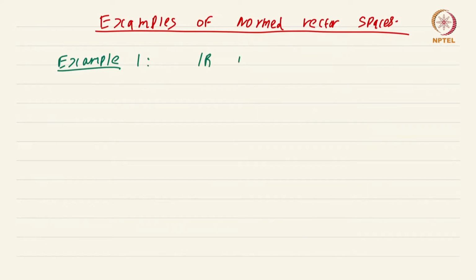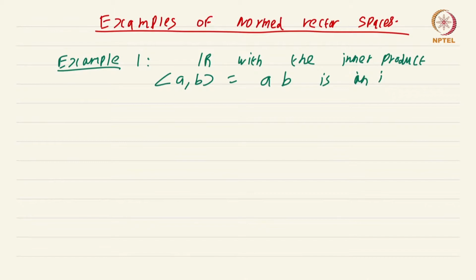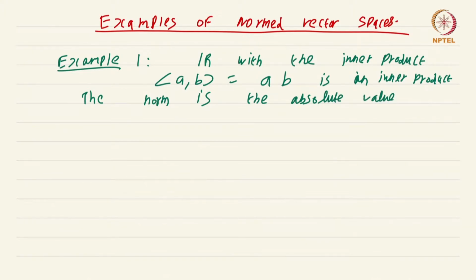Example 1: R with the inner product ⟨a, b⟩ = a multiplied by b is an inner product, and the associated norm is the absolute value. No shocker here. This is the simplest and most basic example of an inner product space and the associated norm.